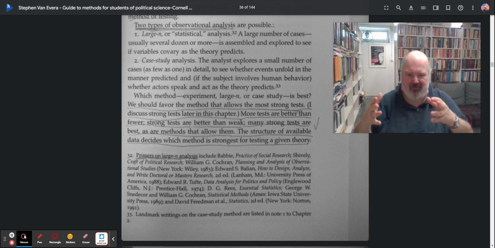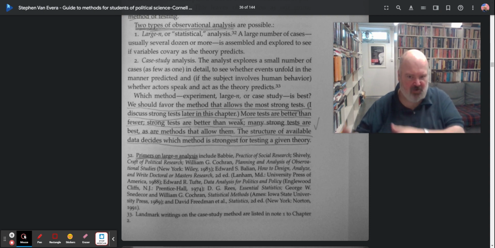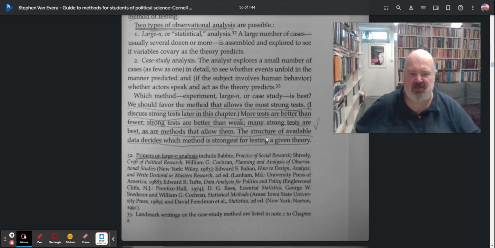Therefore, like he says, we have an analogy here, right? More tests are better than few. Strong tests are better than weak. Many strong tests are best, and so are the methods that allow those strong tests or those more tests, right? The structure of available data decides which method is strongest for testing a given theory.